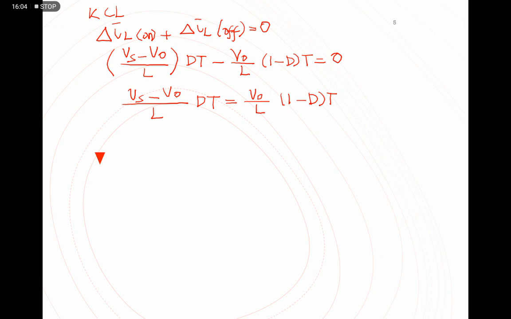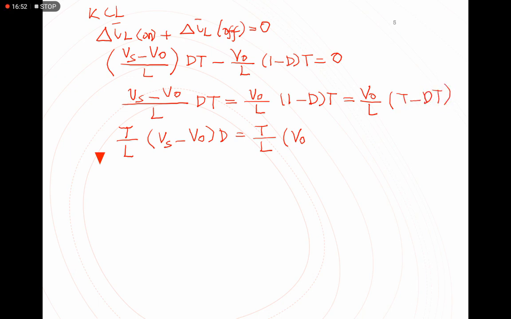Okay, these two T over L here: Vs minus V0 times D, and then T over L times V0, so we bring out the T there.